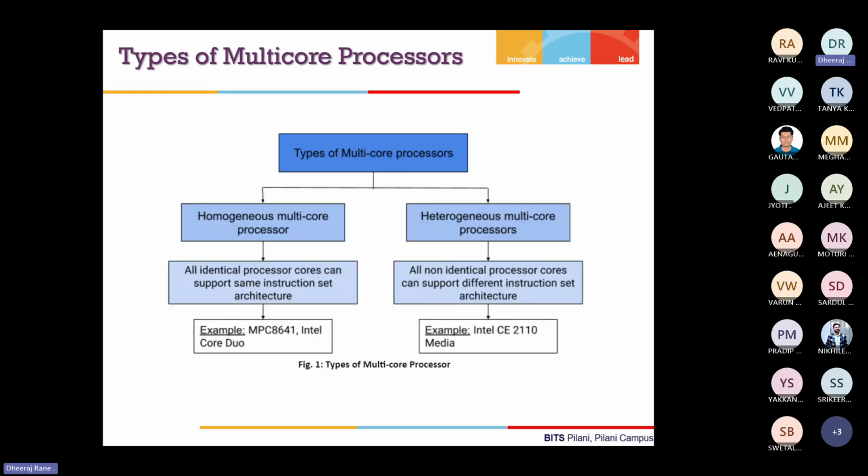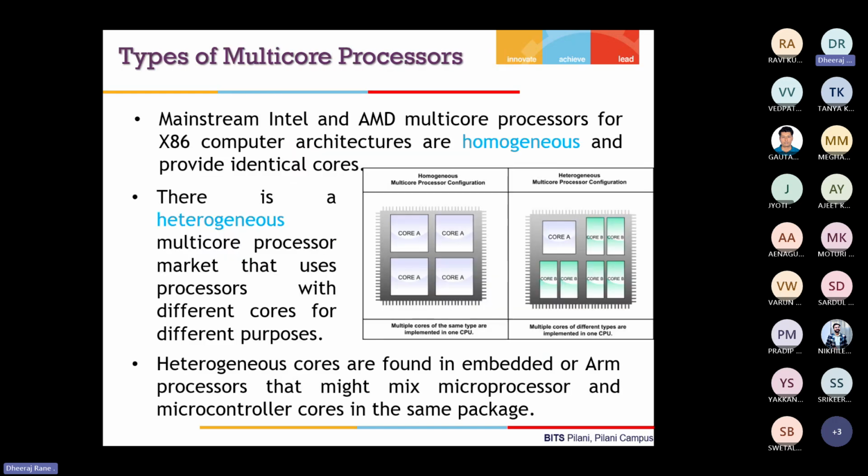Now there are multi-core processors, and you can have homogeneous or heterogeneous types, right? Homogeneous, as the name suggests, remains the same: every core will have the same capability, while in heterogeneous, the cores may have different capabilities, just like in mobile systems.